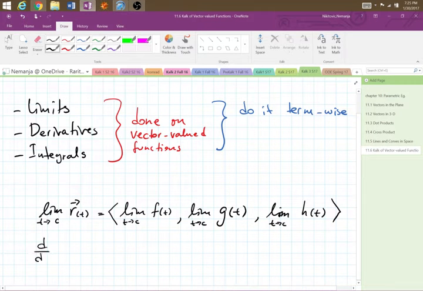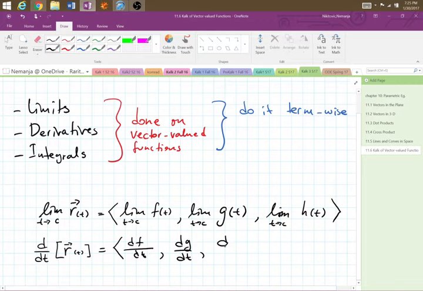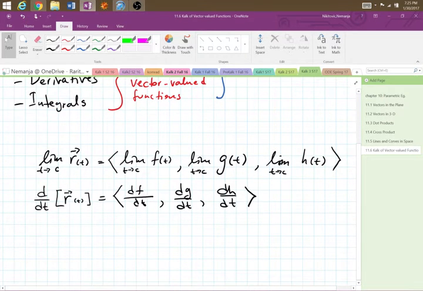The derivative with respect to t of the vector-valued function is again going to be the derivative of f, df/dt, dg/dt, dh/dt, three separate derivatives.